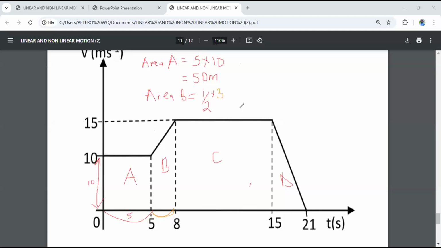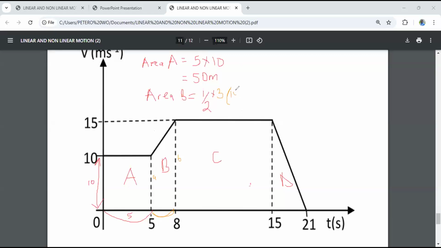So we have a half times 3 in brackets, A plus B. The A is 10 and the B is 15.